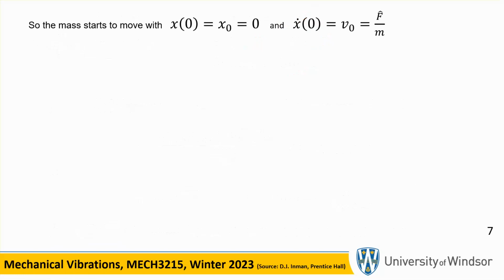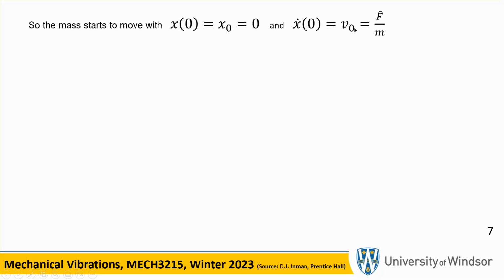Now, in the event that we assume the initial displacement is 0, so it starts from the equilibrium position, and of course we applied an impulse, it's not going to be 0 initial velocity because we hit it with a hammer.